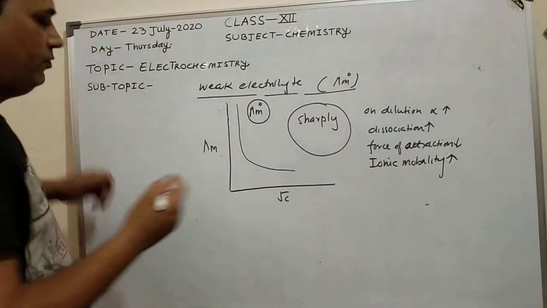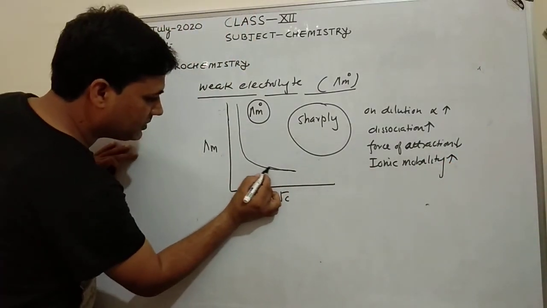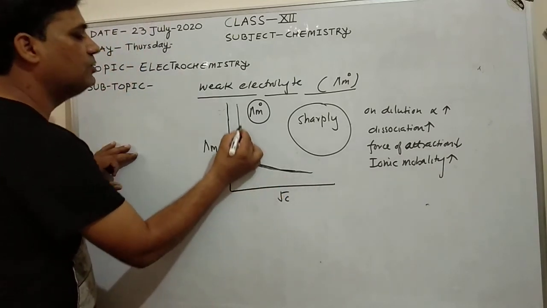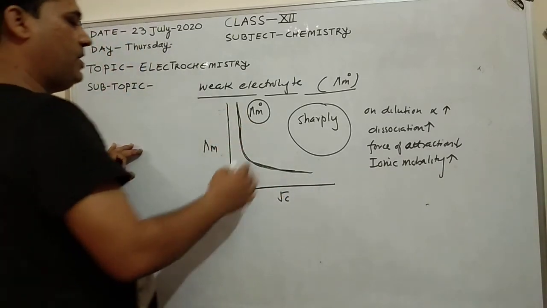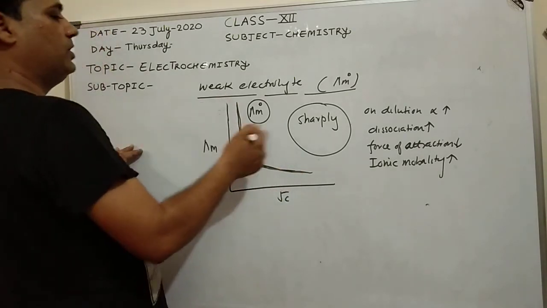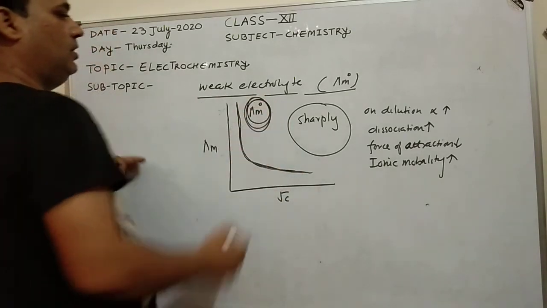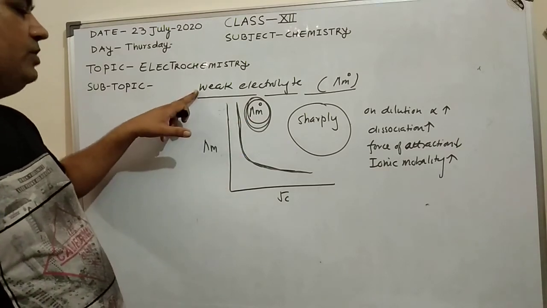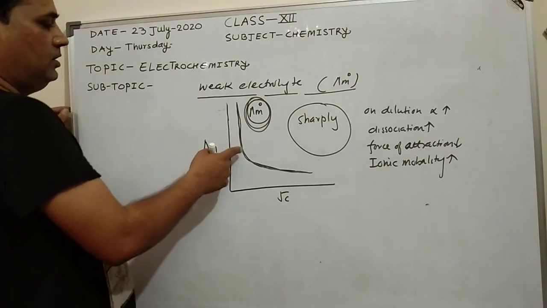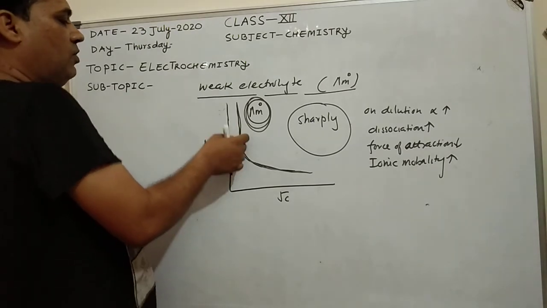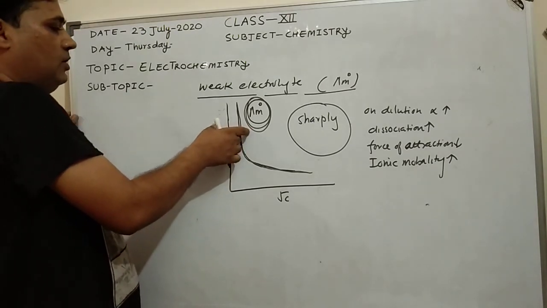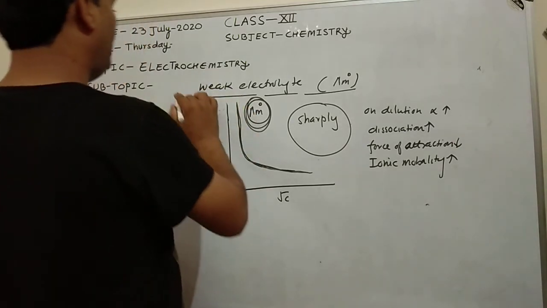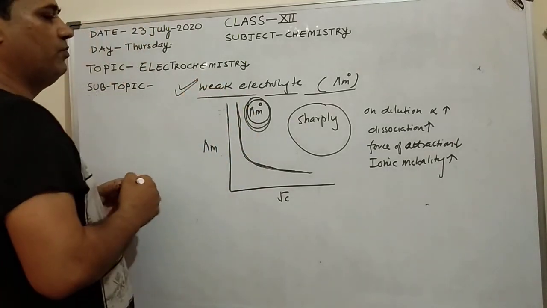So when the concentration of electrolytic solution decreases, lambda m increases sharply. So it is very difficult to calculate limiting molar conductivity at infinite dilution for weak electrolyte because the graph becomes parallel to the y-axis, so there is no intersecting line. So it is very difficult to calculate lambda m naught for weak electrolyte.